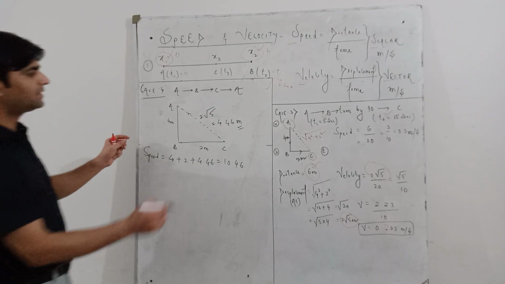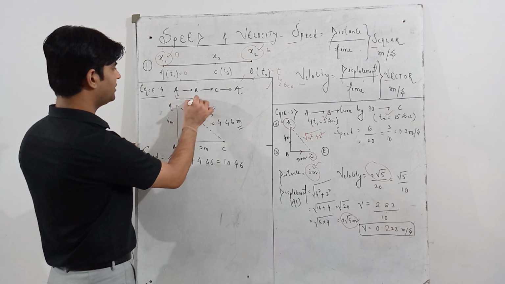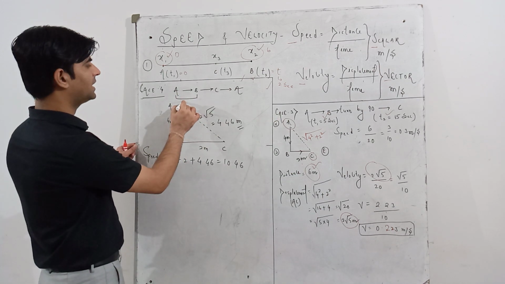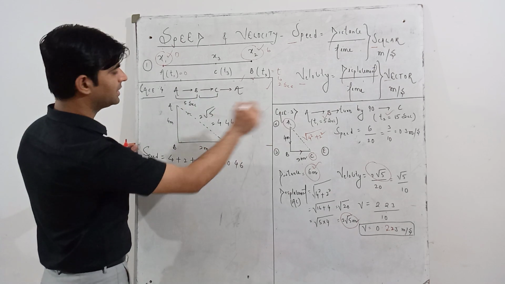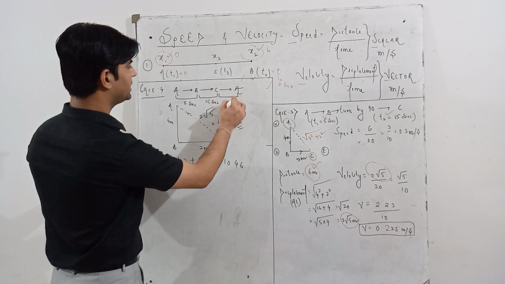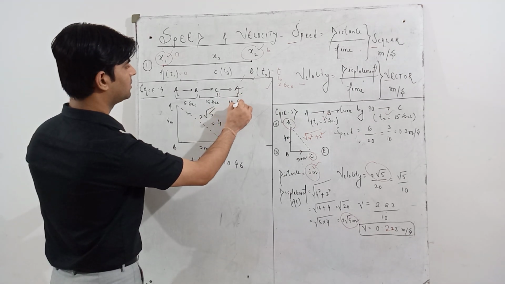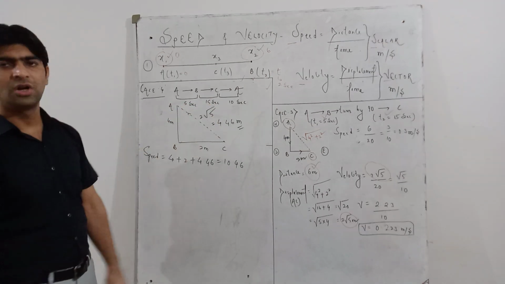And for time, traveling from A to B I have taken 5 seconds. For B to C, time I have taken 15 seconds. And for C to A, if I take 10 seconds, total time becomes 30 seconds.